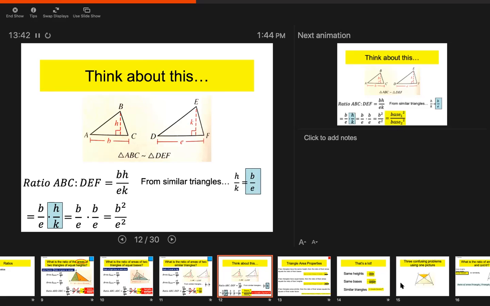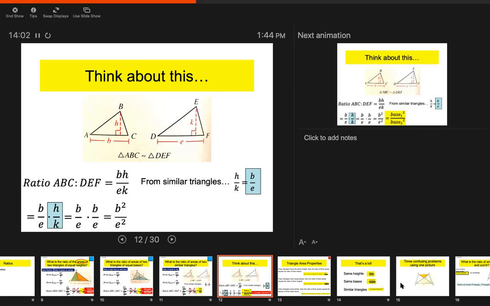Now, wait a minute, we also said for similar triangles, a long time ago, we talked about a scale factor. The scale factor is what number we multiply H by on the small one to get to the big one. The way you get the scale factor is you take any two corresponding sides and write them as a ratio.